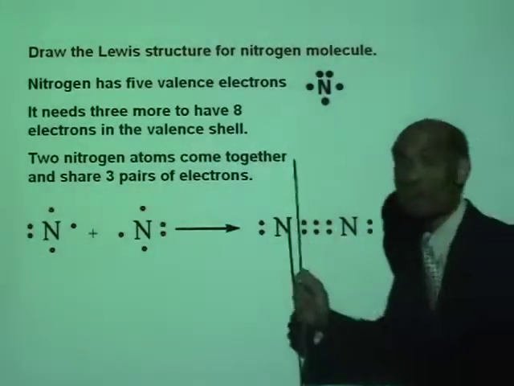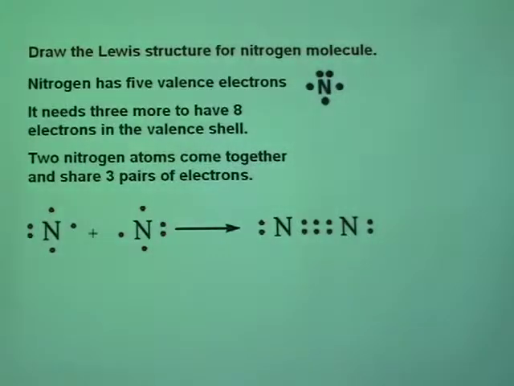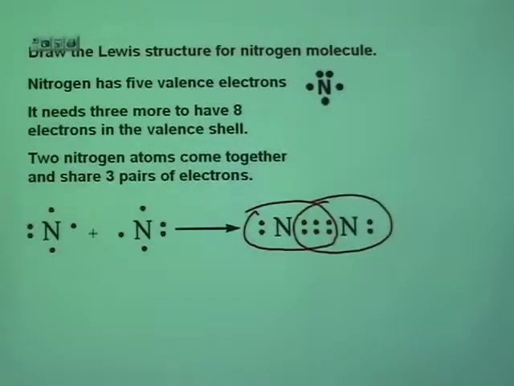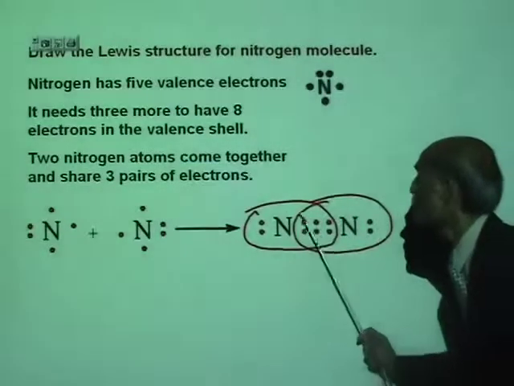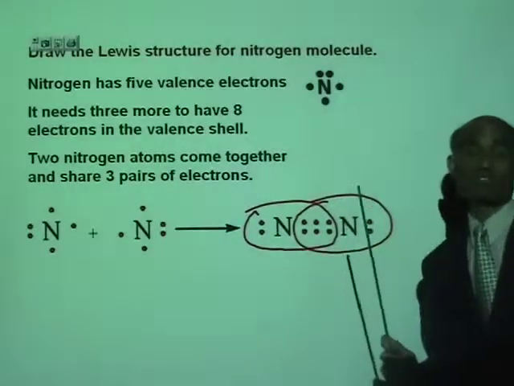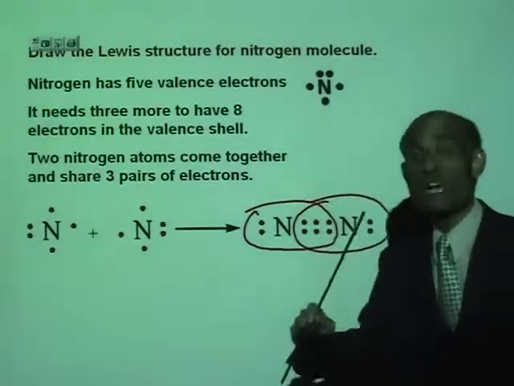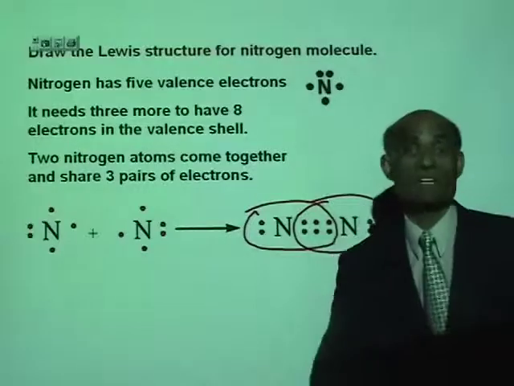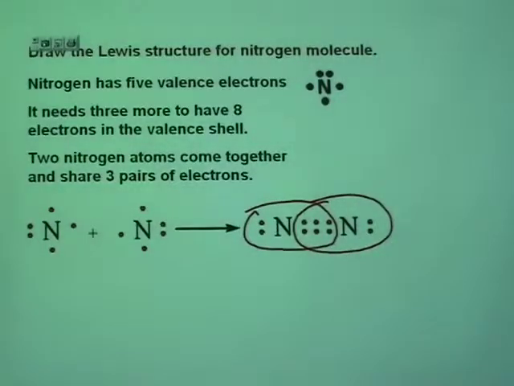If you go back to our original representation, it will look like this. You see, that's the first nitrogen and this is the second nitrogen. That means these 3 pairs belong to both the nitrogen atoms. We are sharing 3 pairs of electrons.